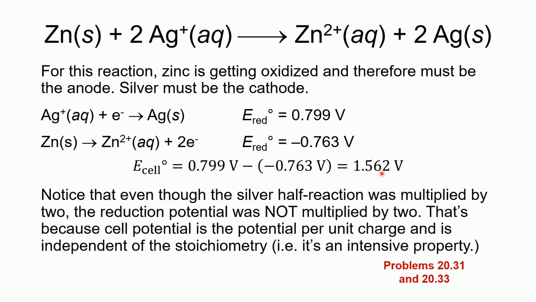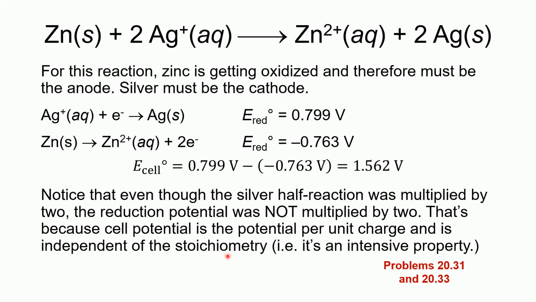Now, one thing that I want to point out here. Even though the silver half reaction was multiplied by 2 before we can add the two equations together, we didn't multiply the reduction potential by 2. And the reason that we don't multiply that reduction potential by 2 is that cell potential is the potential energy per unit charge, and that is independent of the stoichiometry.